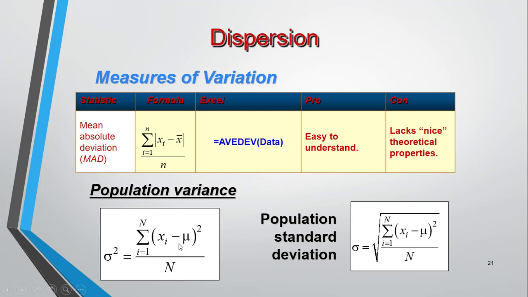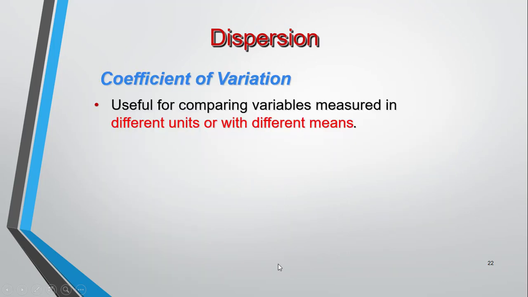Okay, it's xi minus mu, the population mean, squared, summed, divided by n. That's your population variance. You take the square root of this and you get sigma, the population standard deviation. Okay? Remember the difference here. For population, just n. For sample, it's n minus 1. Okay?